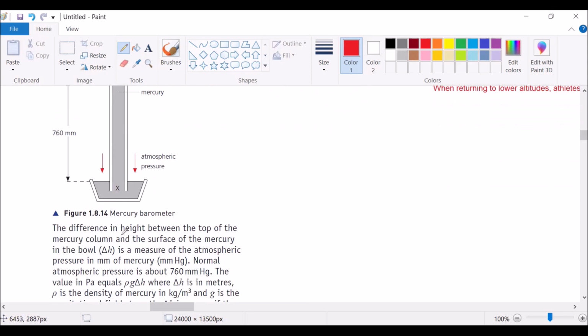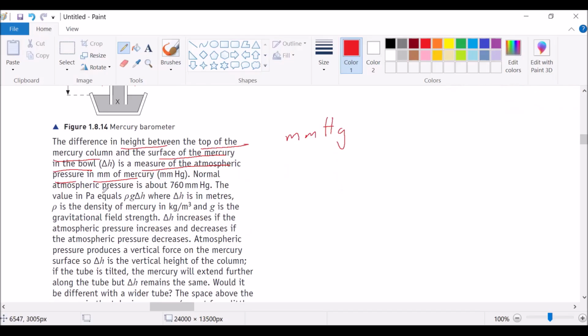The difference in height between the top of the mercury column and the surface of the mercury ball is a measure of the atmospheric pressure in millimeters of mercury, which we call millimeters mercury. Hg is the chemical symbol for mercury. Normal atmospheric pressure is about 760 millimeters mercury.